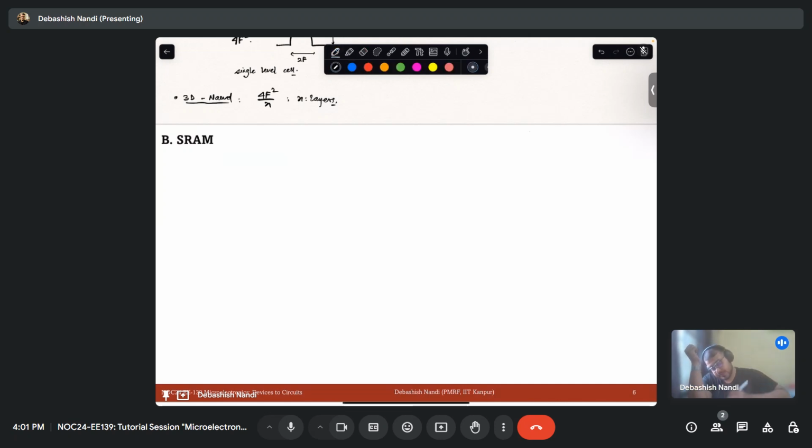So SRAM, we have seen that it looks something like this, right? So this is your word line, this is your bit line, this is your bit line bar. You will have back to back connected inverters.